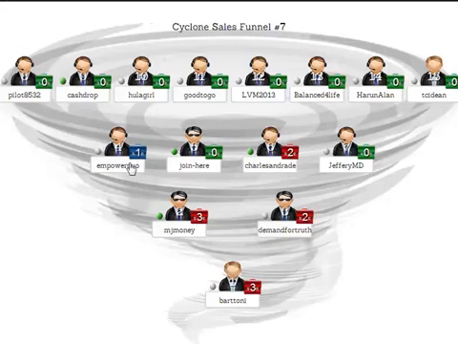So you can see here that that funnel filled up, it split, and I'm here again. Now at this point I hadn't recruited anybody into the business, so it was just a basic funnel.